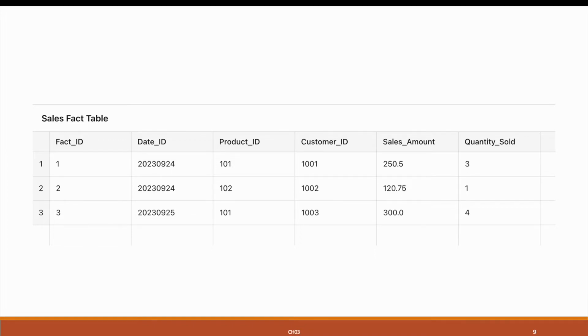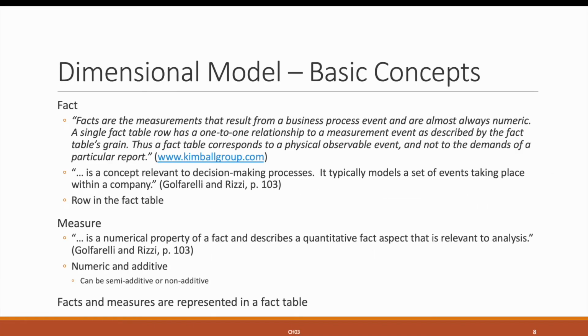We can use sales to measure performance, or we can use the quantity sold. It has to be numeric and it has to be additive. Additive means you can sum them, subtract them, or just add more. Both facts and measures are represented in the fact table.